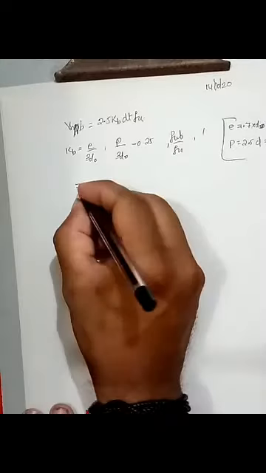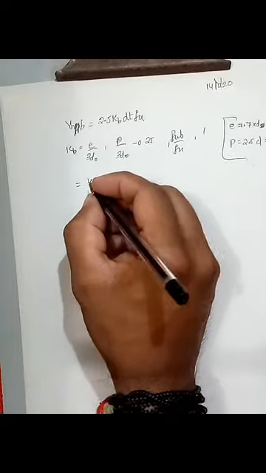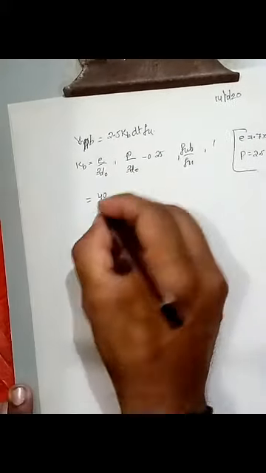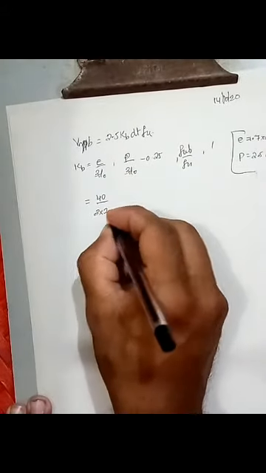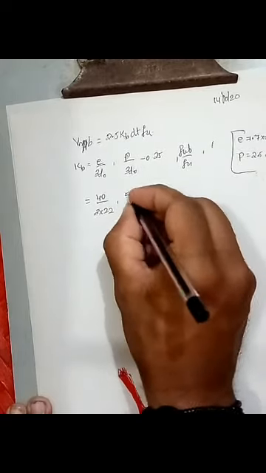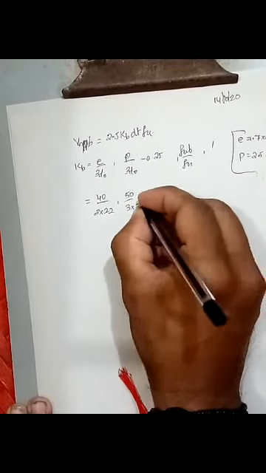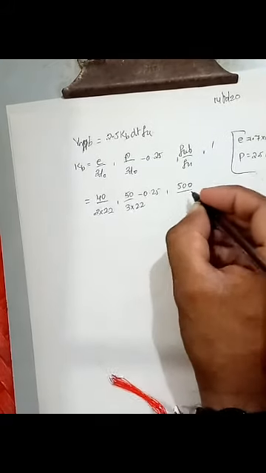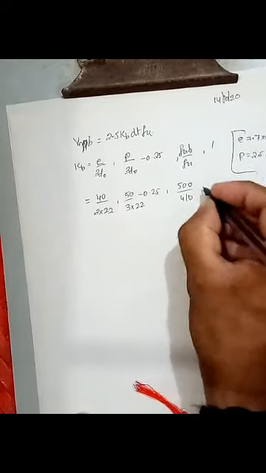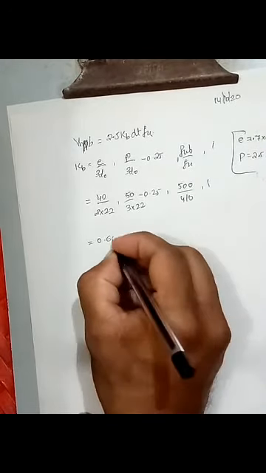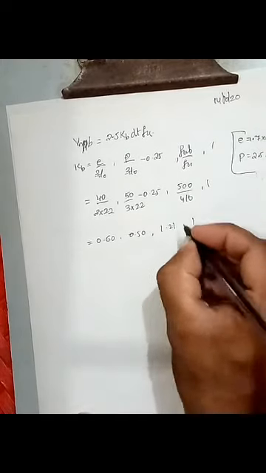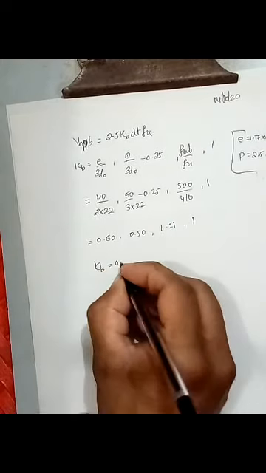So approximately they have made it up to 40 here, 34 is made to 40. Okay, e is 40 by 3 into 22, 50 by 3 into 22 minus 0.25. fub is 500 because of the 5.6 grade bolt, 410 and 1. So 0.60, 0.50, 1.21 and 1. So kb is the least of all these.